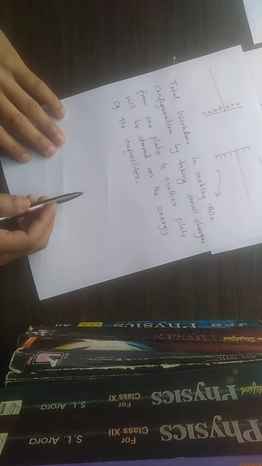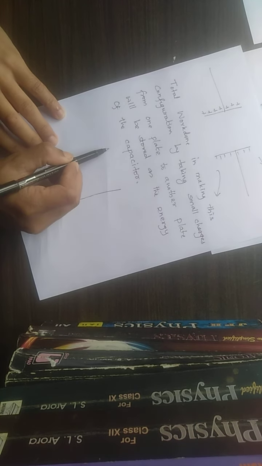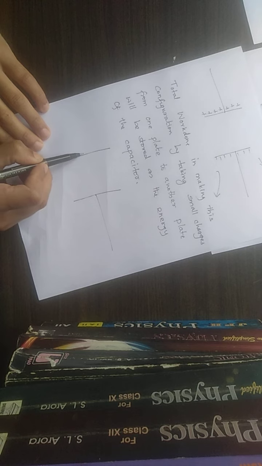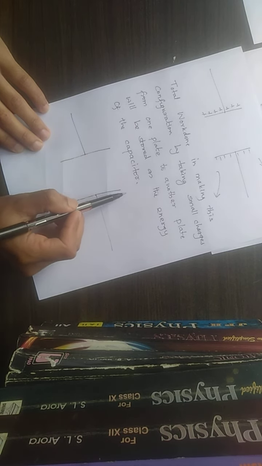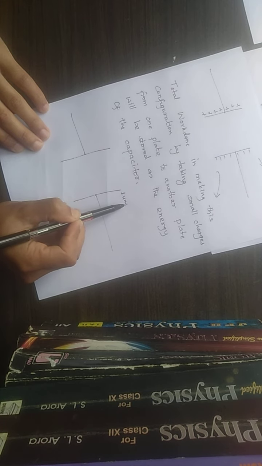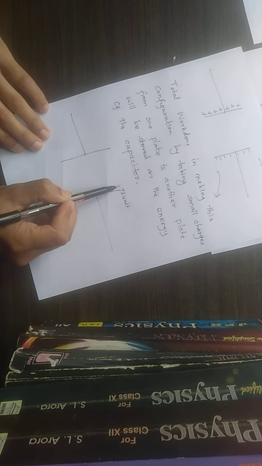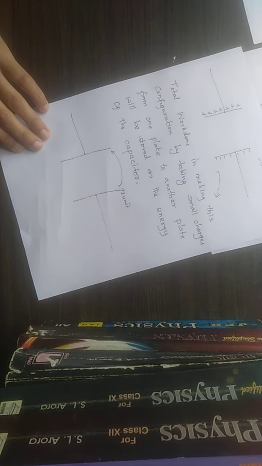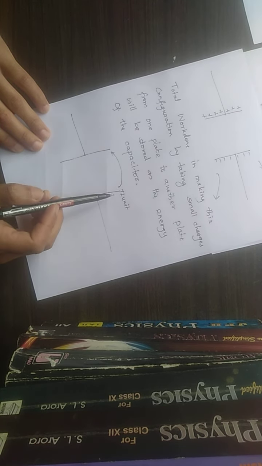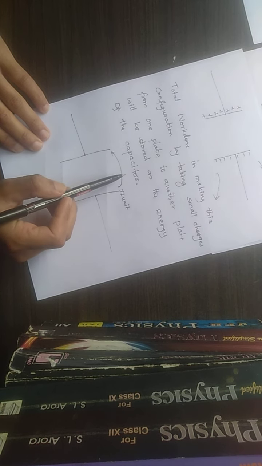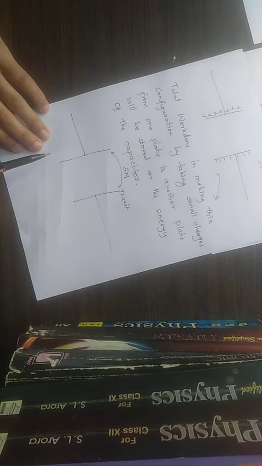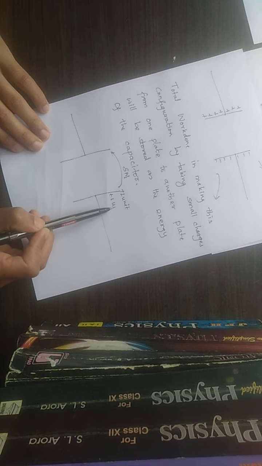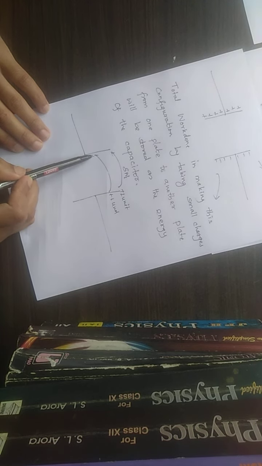So let's do this. Firstly, bring a small positive charge, one unit positive charge, from this plate to this plate, and in doing so, suppose our work done is del W1. Again, bring one unit positive charge from this plate to this plate.